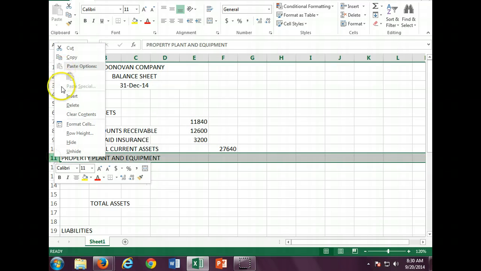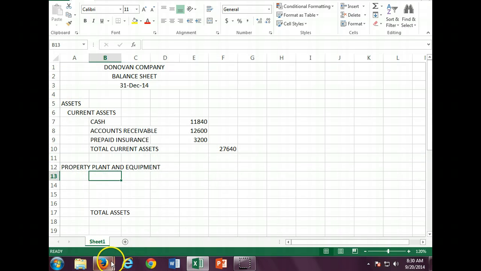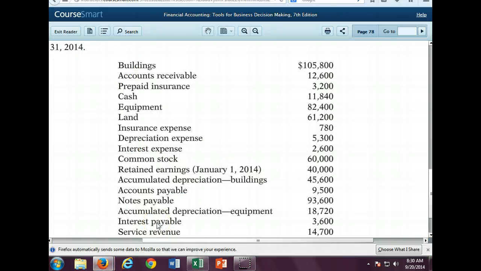Then we've got property, plant, and equipment. The first items we're going to look at are buildings and equipment. What about land? Is land property, plant, and equipment? It is.